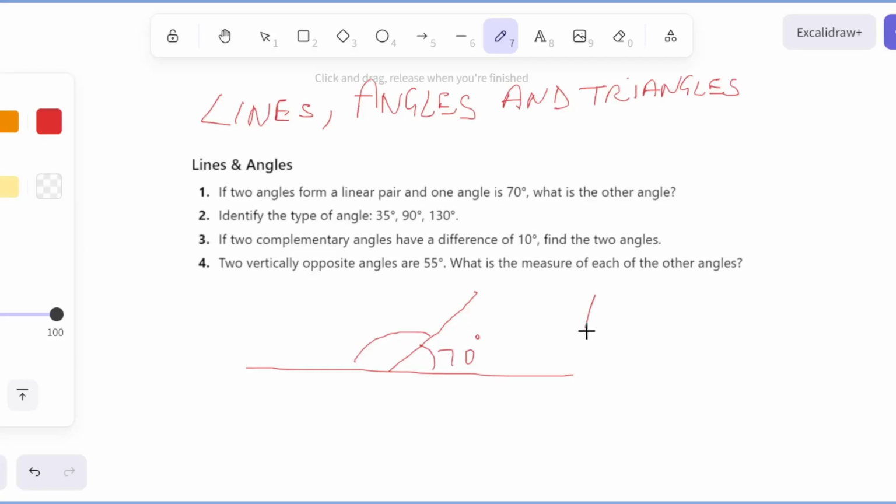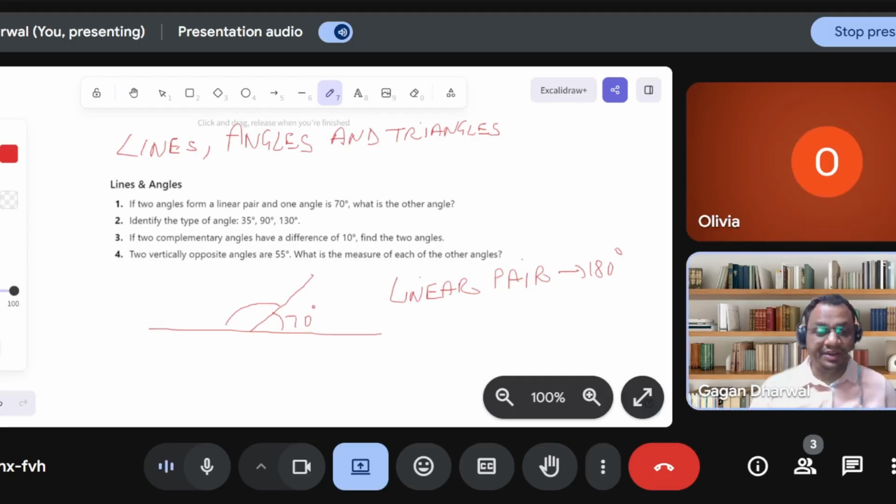Linear pair means the angles on a straight line, and all the angles on a straight line add up to 180. And what are those angles known as whose sum is 180?